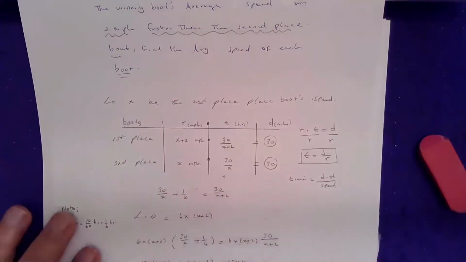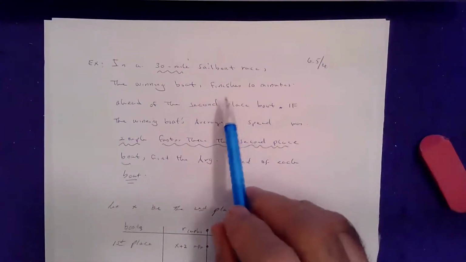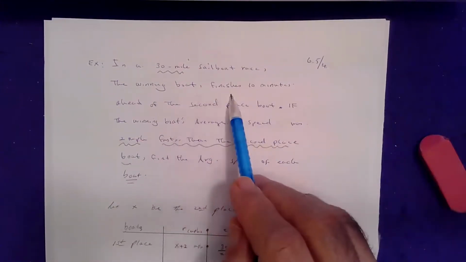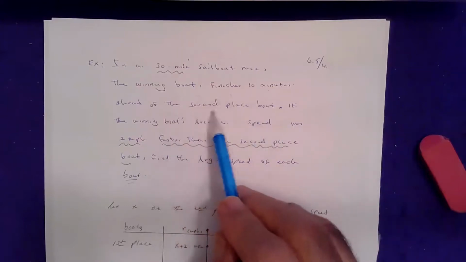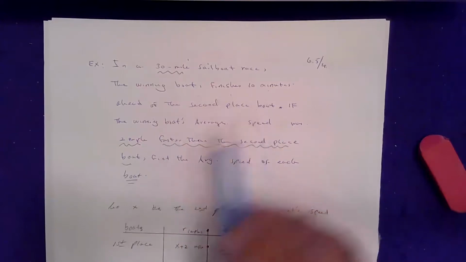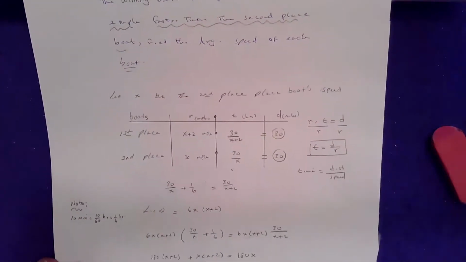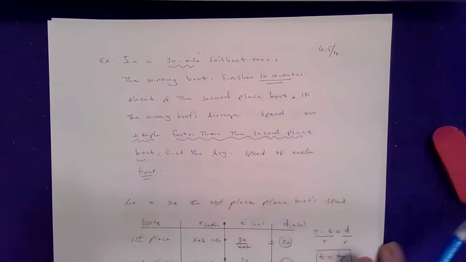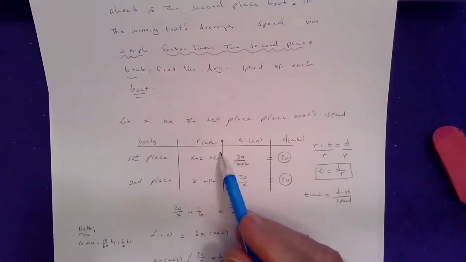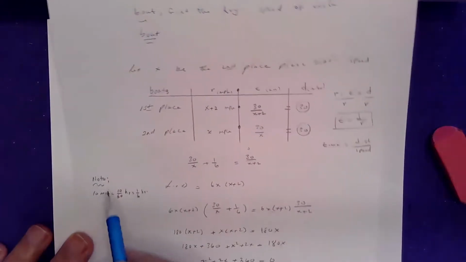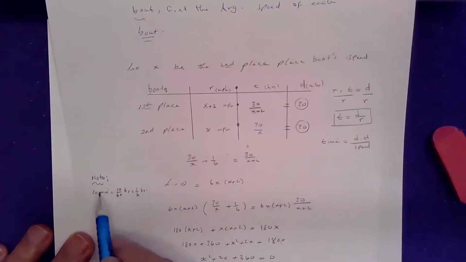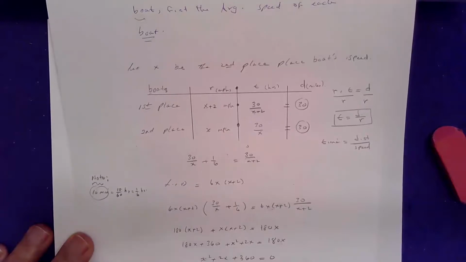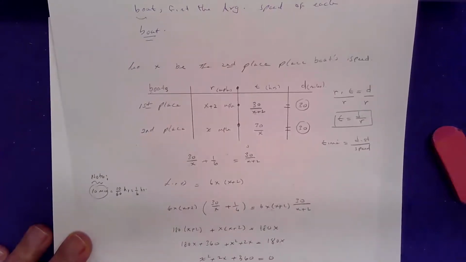But now somehow I have to incorporate this piece of information: the winning boat finishes 10 minutes ahead of the second place boat. It's kind of like that train and car problem which we just did in the previous example. Because this is 10 minutes and the speed is so many miles per hour, first thing first, we need to convert the minutes into hours, because you can't have minutes and hours in the same problem.